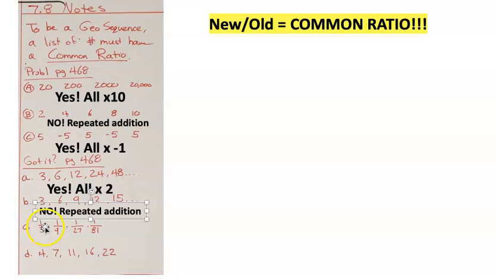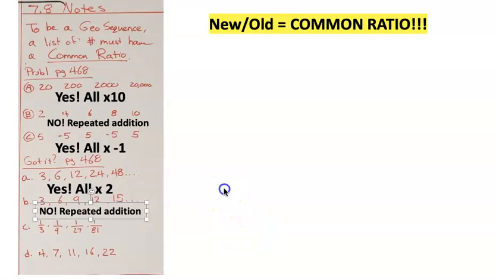Now, very careful here, friends. Look at the fractions. We have 1/3, 1/9, 1/27, and 1/81. Technically, what's going on here? Now the top is all 1. There's not a whole lot you can do there. It's just 1, 1, 1, 1. What's going on on the bottom? Triple, triple, triple.